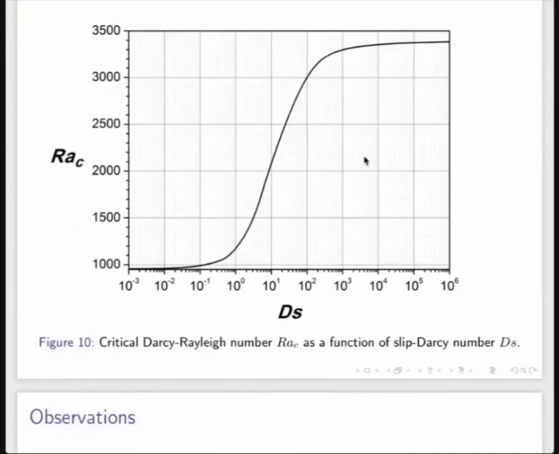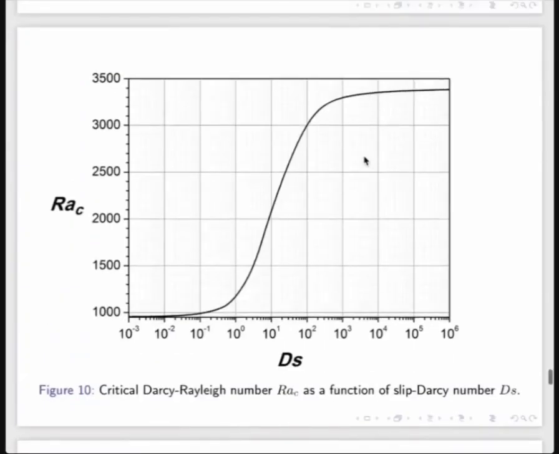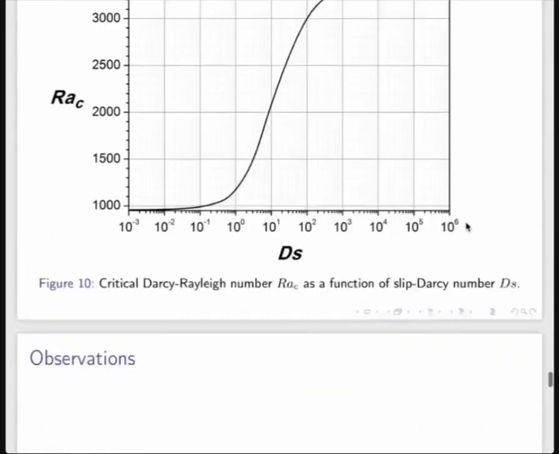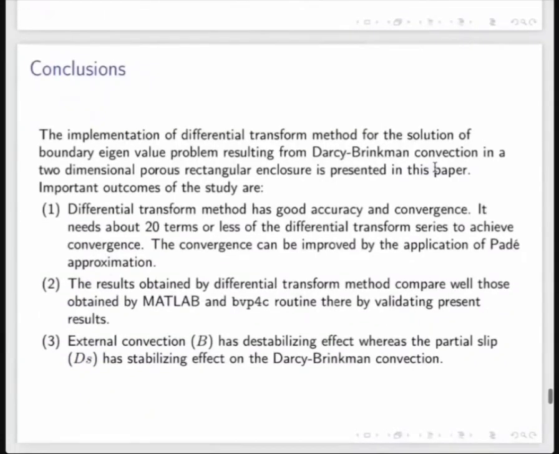The whole idea of today's talk was to highlight how a simple technique like differential transform could be used effectively in handling complicated problems arising from real-world applications. I'm going to conclude today's talk by mentioning salient features of the differential transform method.